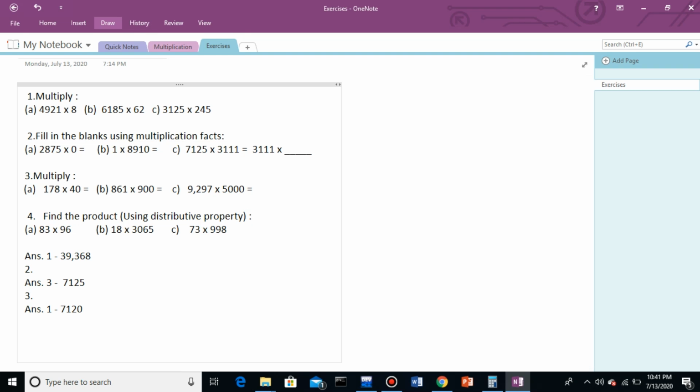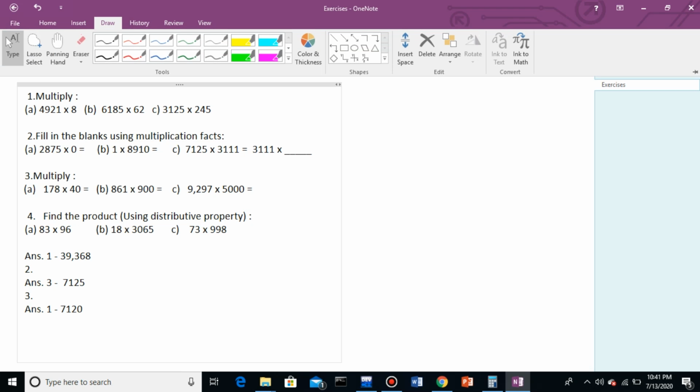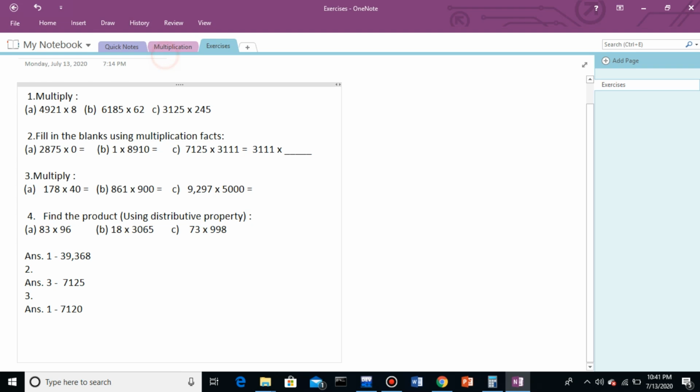So now let's try to solve it. I will just take the pen option. Let's take the blue one. Now what was the question? I will solve the first one: 83 into 96.